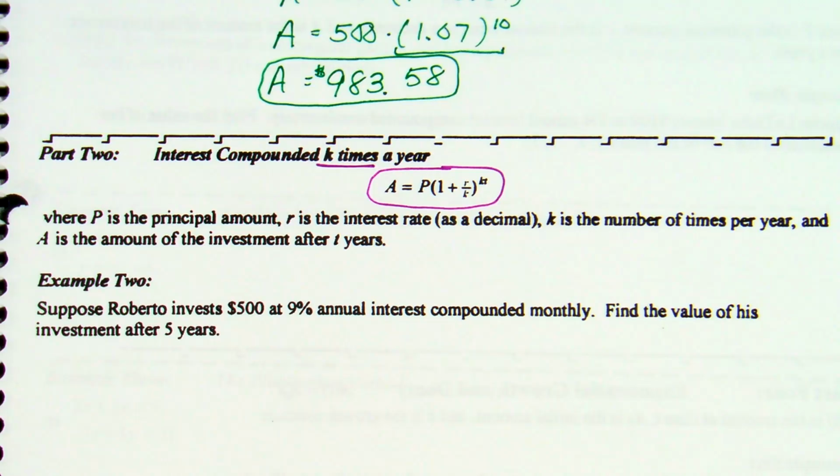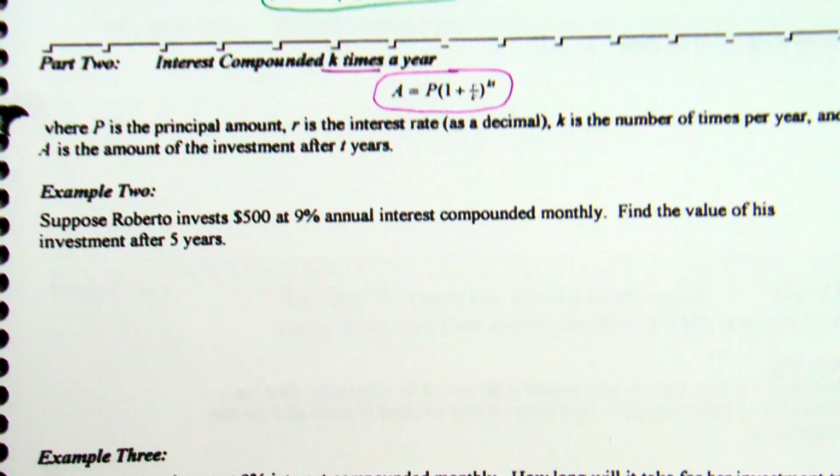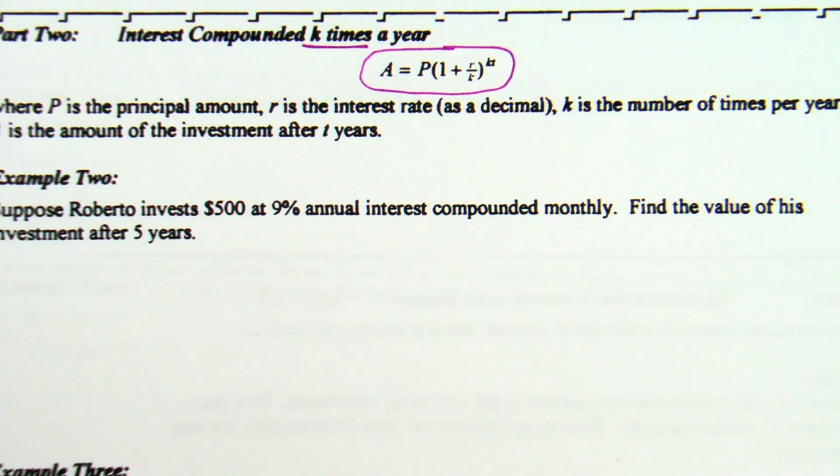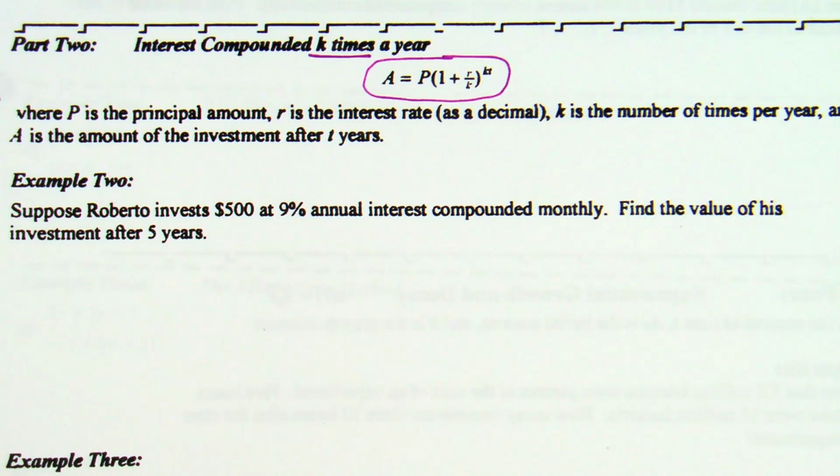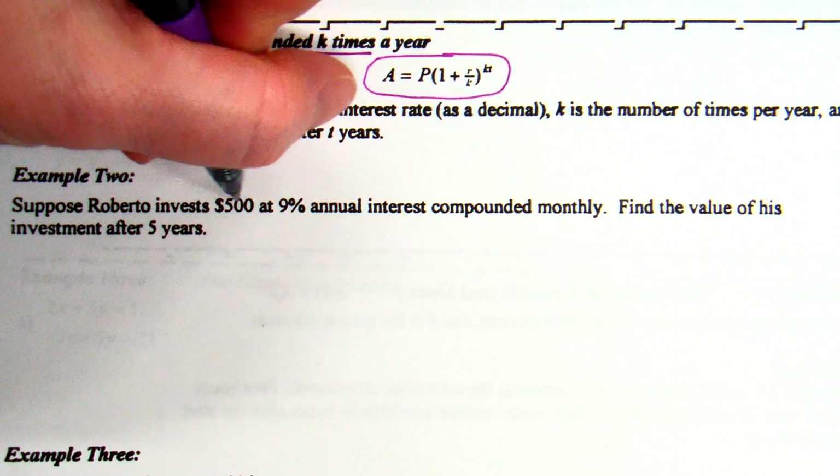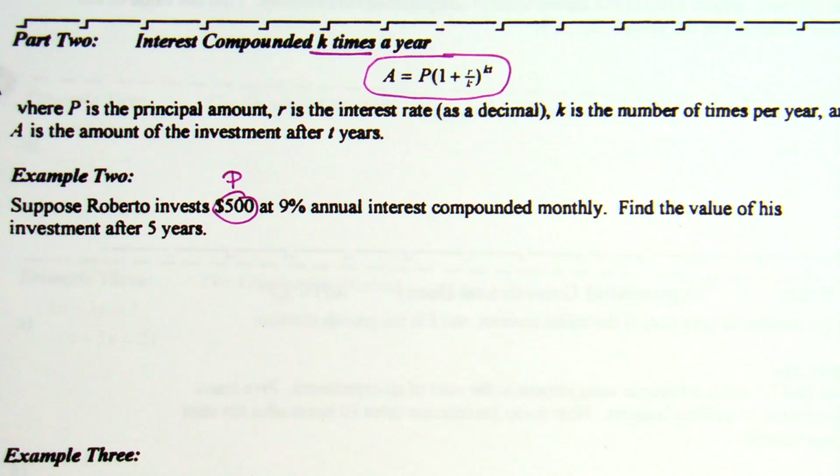So T years. Okay, so suppose Roberto invests $500 at 9% annual interest compounded monthly. Find the value of his investment after 5 years. So what information can you identify? Okay. Starting with 500.